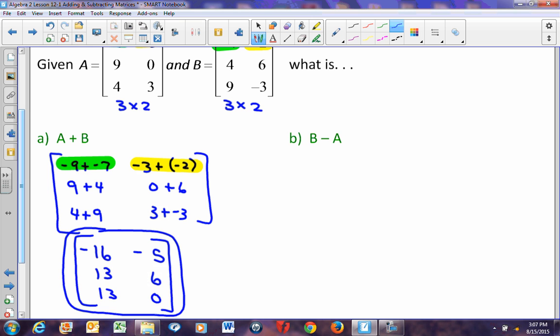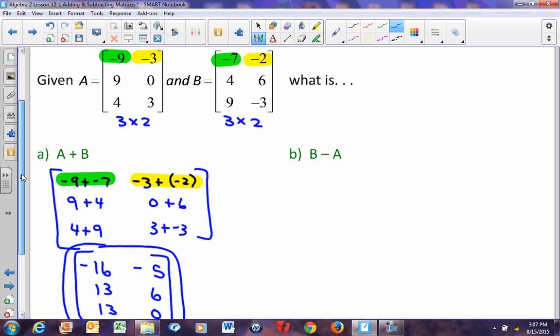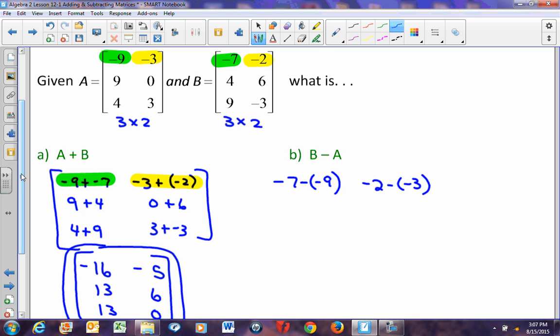If I'm going to subtract, we just use the same rules, the properties of subtraction, but remember here order matters, so it has to be B minus A. So I'm going to do -7 minus a -9, and then I'm going to have -2 minus a -3, and that would then equal 4 minus 9, 6 minus 0, 9 minus 4, and then -3 minus 3.